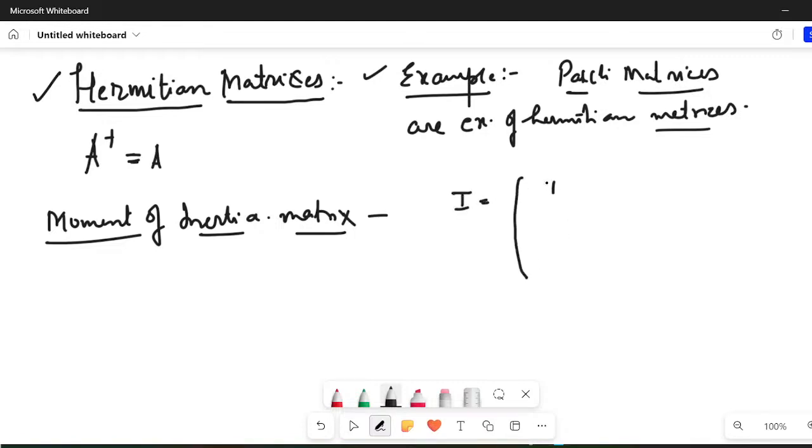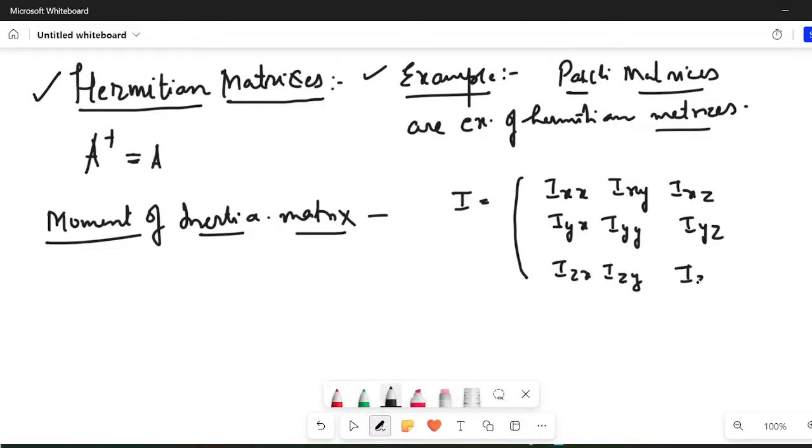What is the moment of inertia matrix? It is equal to: Ixx, Ixy, Ixz in the first row; Iyx, Iyy, Iyz in the second row; and Izx, Izy, Izz in the third row. So this is my moment of inertia matrix.